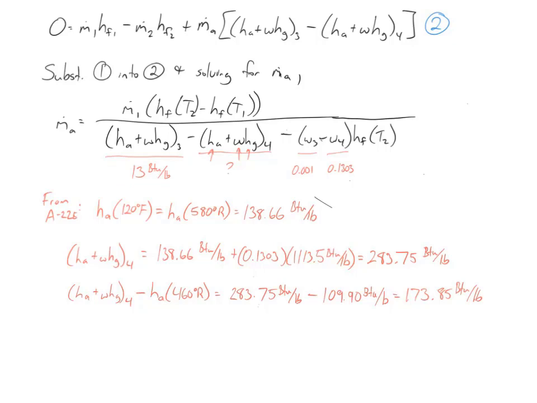So substituting those values back in, we got the mass flow rate of the air is equal to our 100,000 pounds per hour.